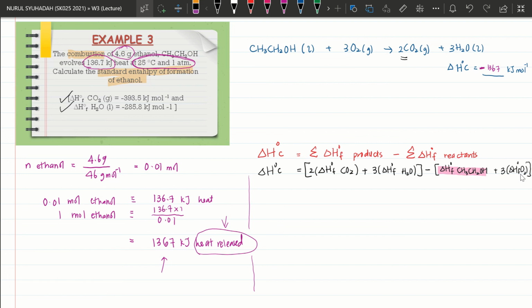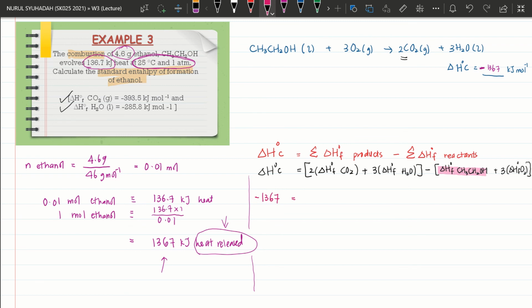Okay, so substitute all the values, all the information that we have. So our delta H naught C, the one that we calculated just now, is negative 1367.